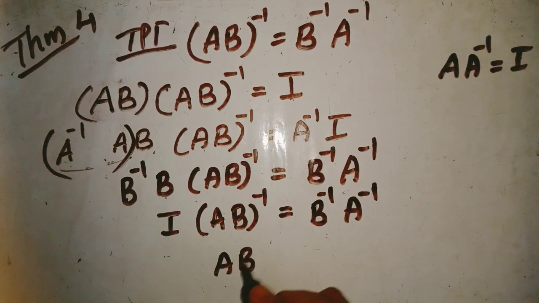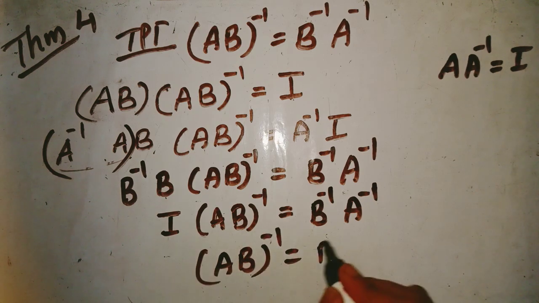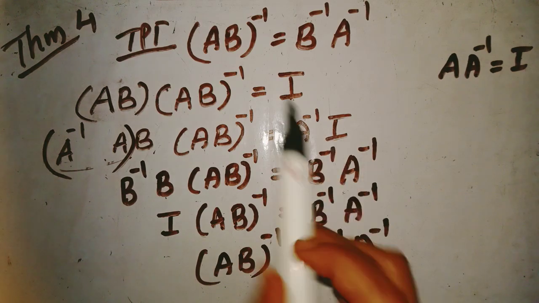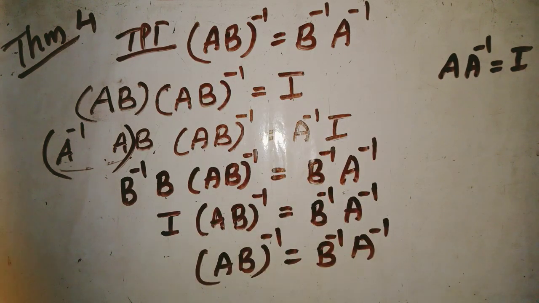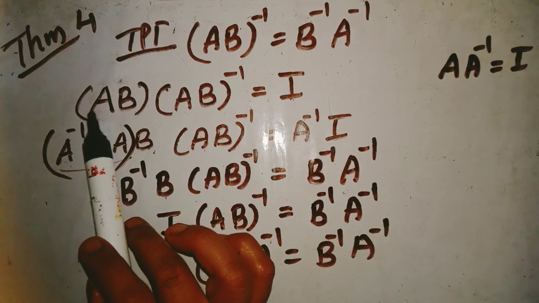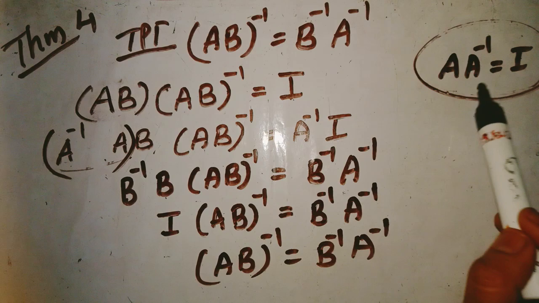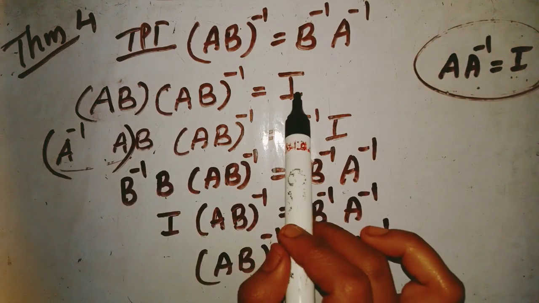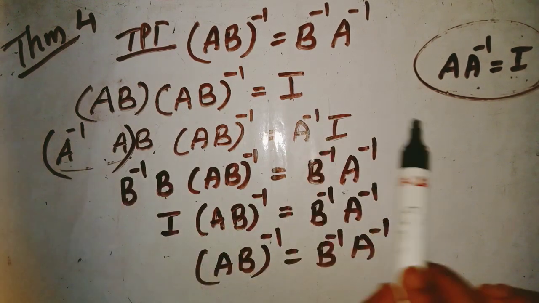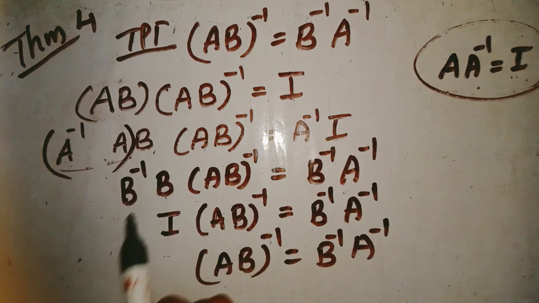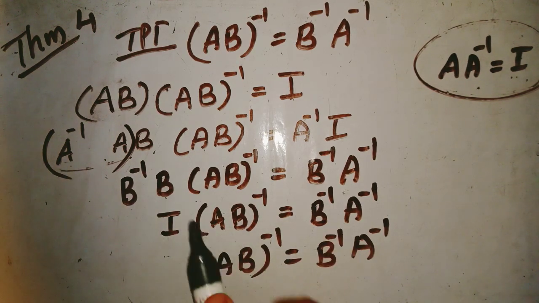So this is (AB) inverse equal to B inverse A inverse, and this we had to prove. So you have to start with the product, that is, you have to use this property A A inverse equal to I. Then multiply both the sides with A inverse. Then you will get this, and then you have to multiply both the sides with B inverse.